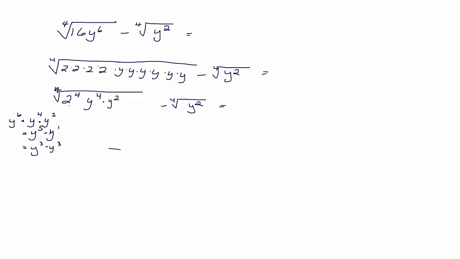We're going to get rid of any fourth that's there. So the fourth root of 2 to the fourth is just 2. And then the fourth root of y to the fourth is just y. But we cannot take a fourth root of y squared.